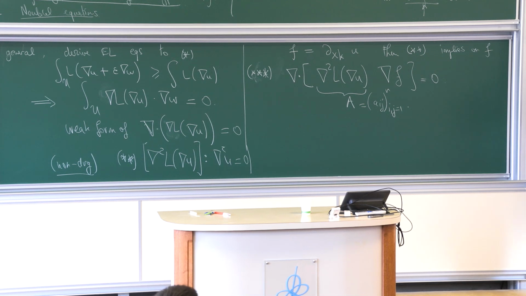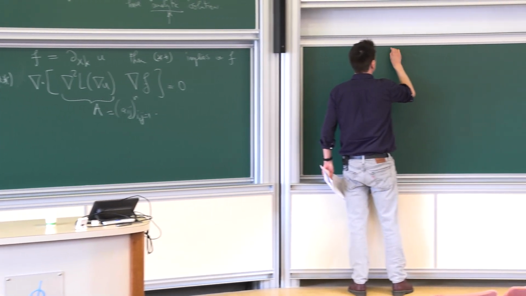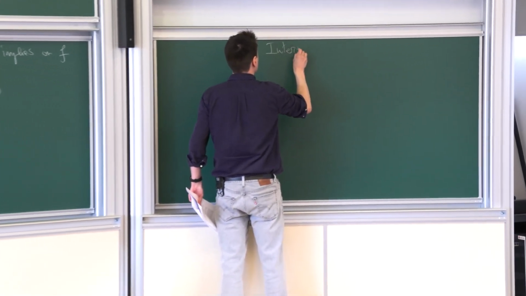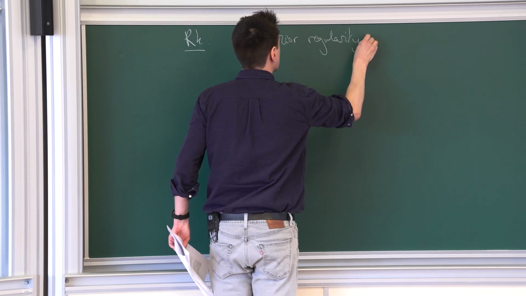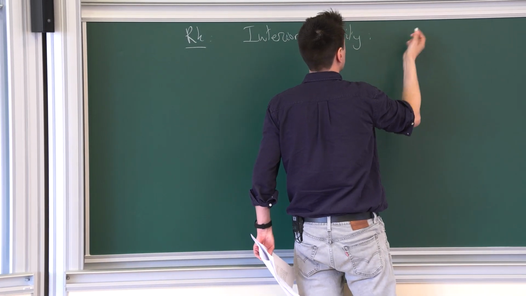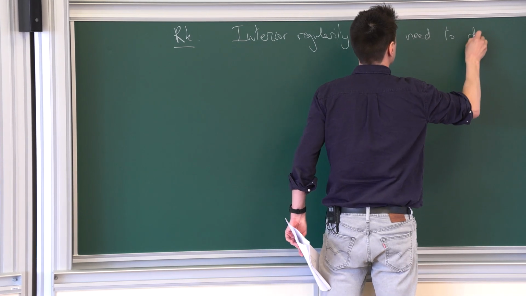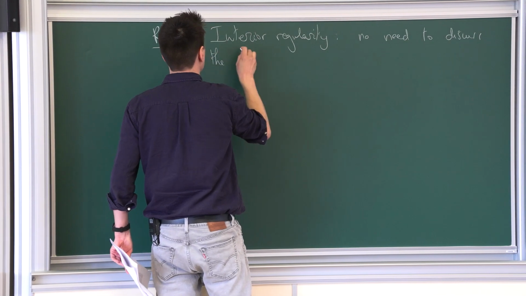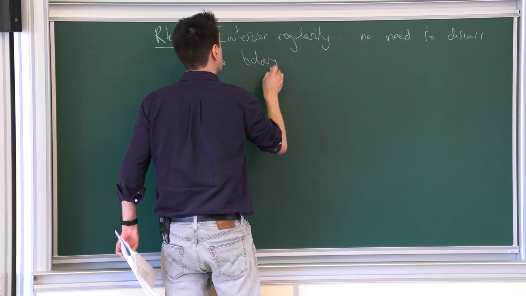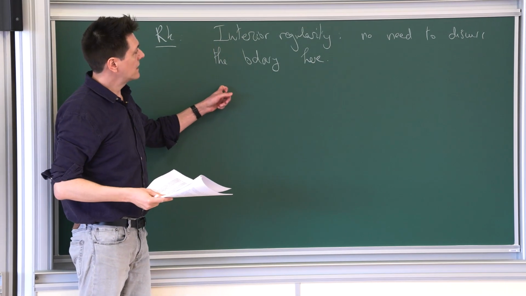So an additional remark: here I will only deal with interior regularity in these lectures. So no need to discuss the boundary. Doesn't mean it's not an interesting problem, just that I won't discuss it.